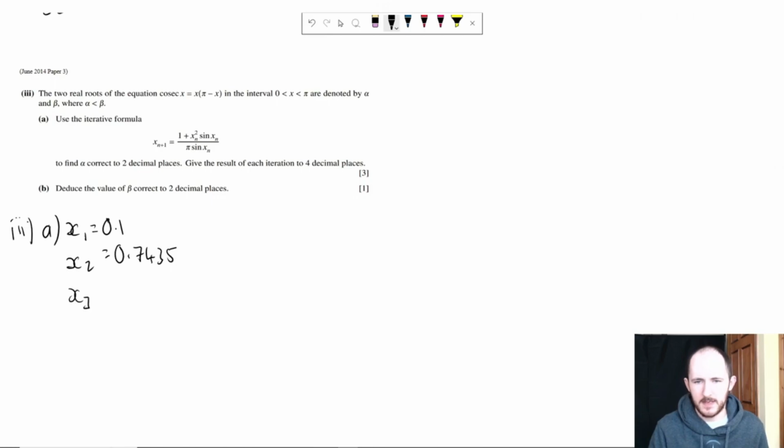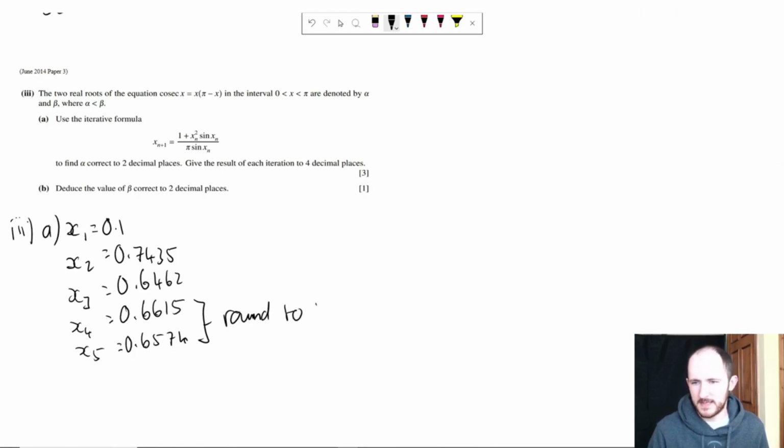Again, we're just doing 4 decimal places. 0.6462, equals again 0.6615. Then 0.6574. Ah, good. If you notice, both of these round to 0.66 to 2 dp. So alpha is going to equal 0.66 to 2 dp.